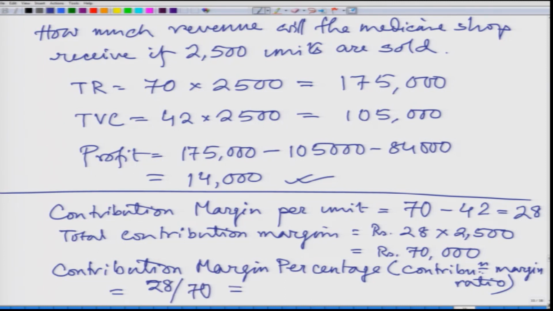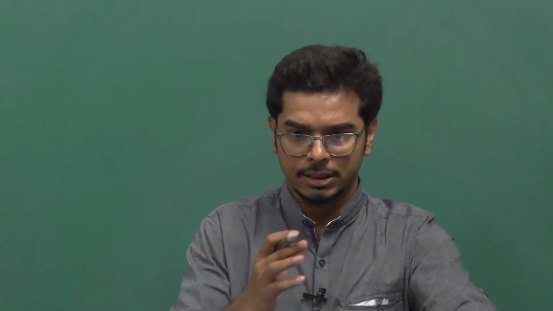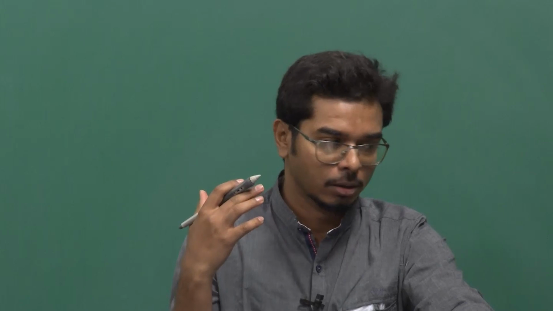So 28 by 70 is 0.40 or 40%, the contribution margin percentage over the selling price. Therefore, we can have an idea about the contribution margin, the break-even point, and the profit level at various points.